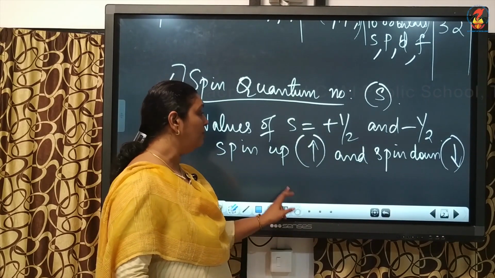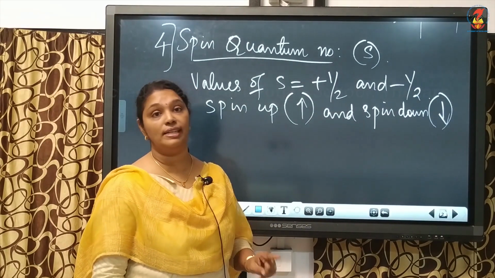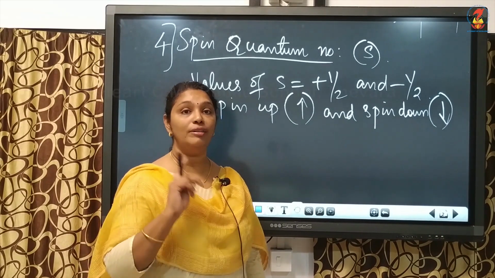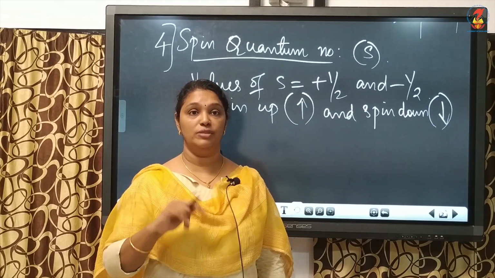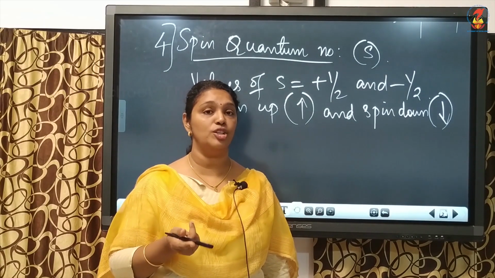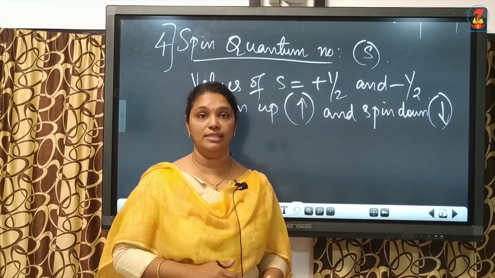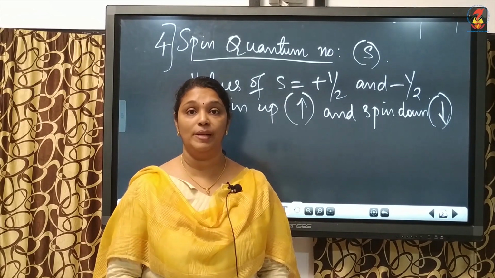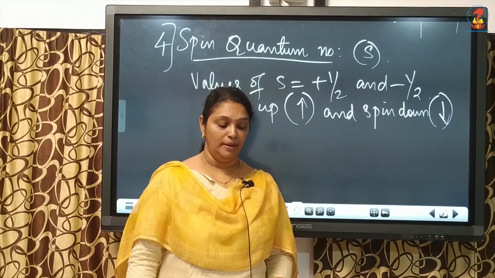So if there are two electrons in an orbital, one electron will have spin up and the other electron will have spin down. That is, one electron will move in clockwise direction and the other electron moves in anti-clockwise direction. So these are the two spin values, plus half and minus half. So this is spin quantum number.